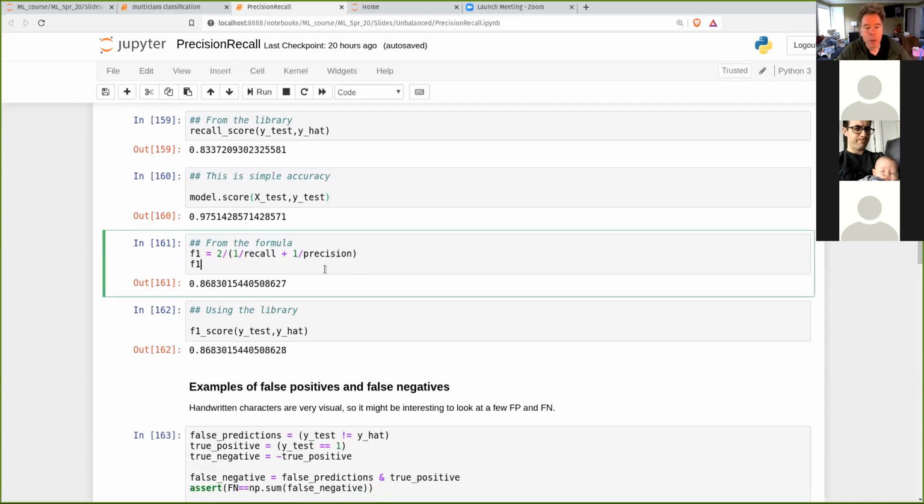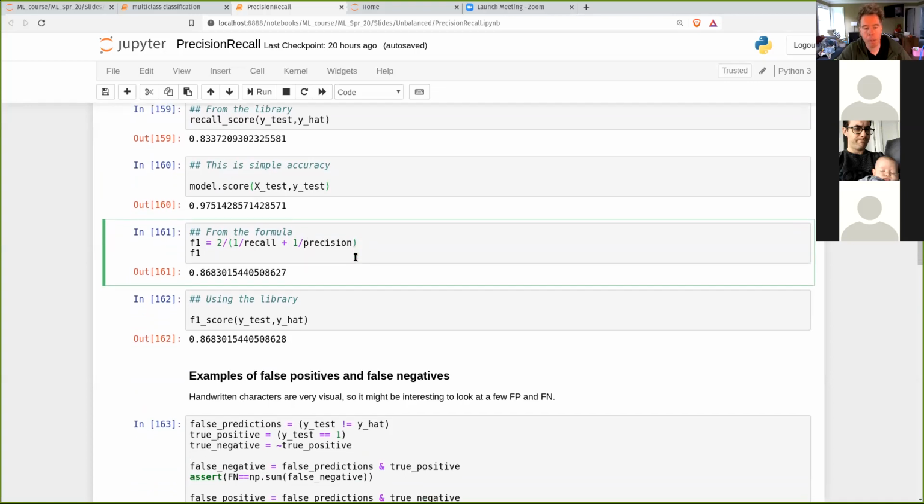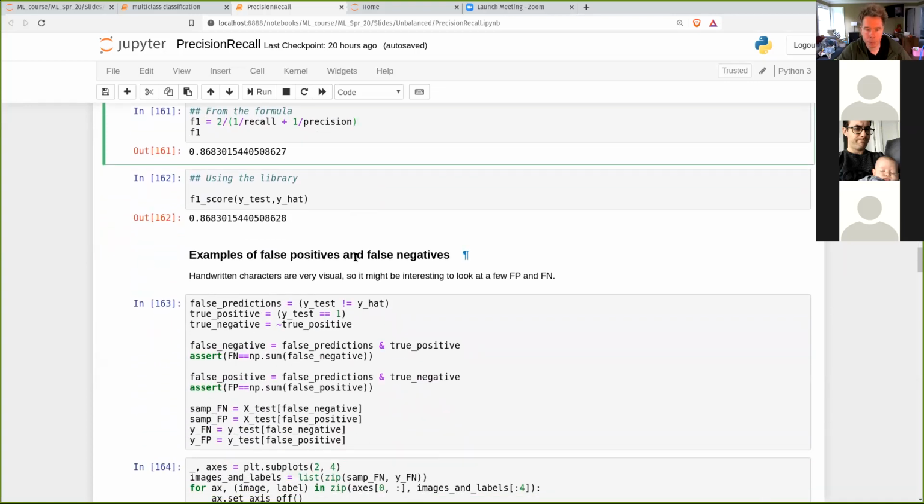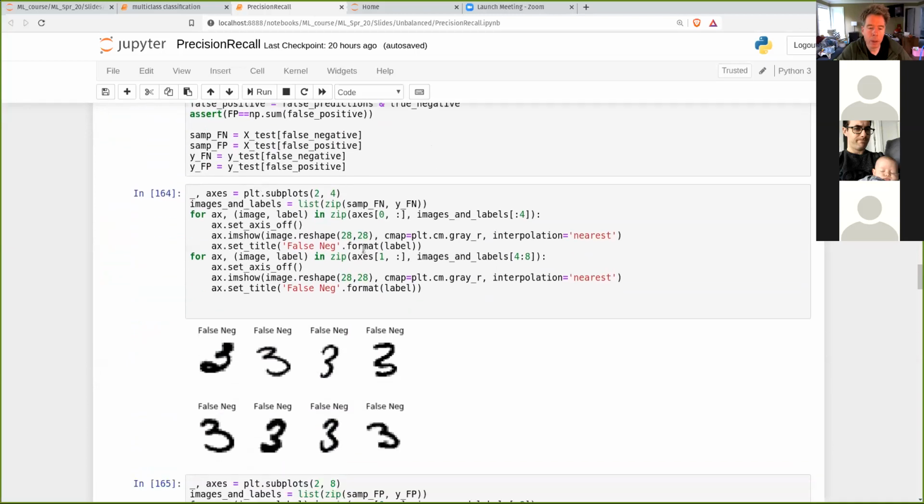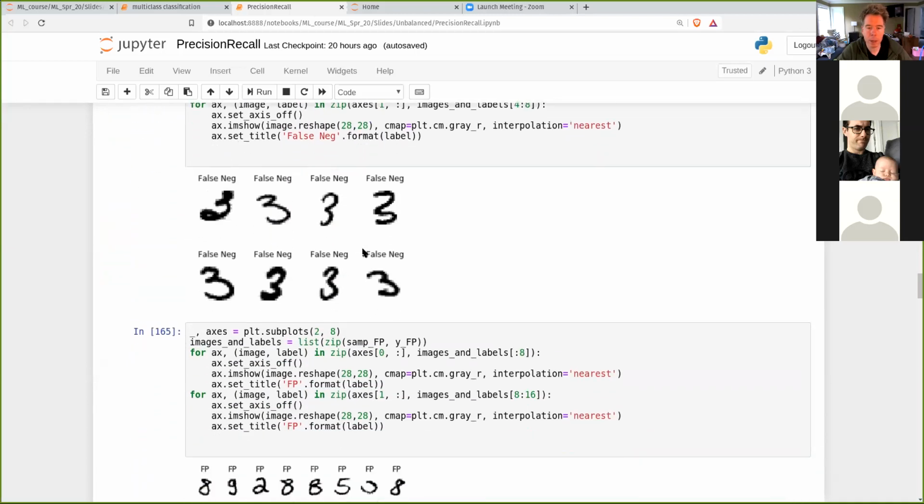And the F1 score says to what degree our recall and precision are balanced in the performance of the model, and you get a score of about 0.87.